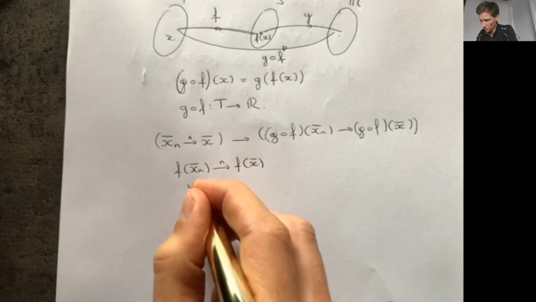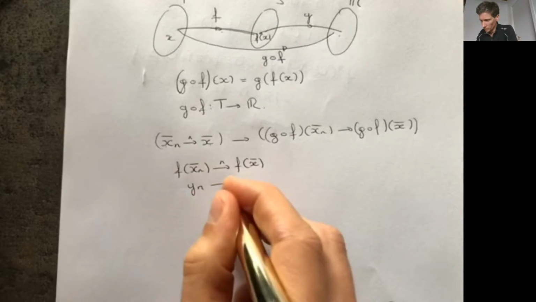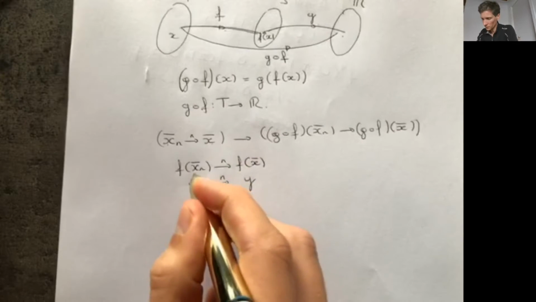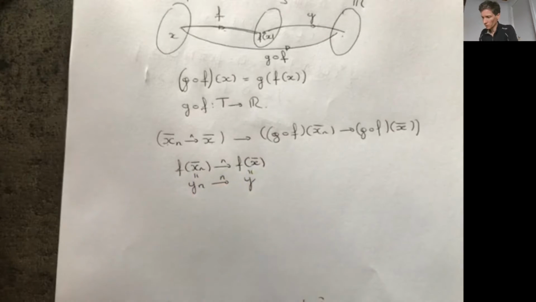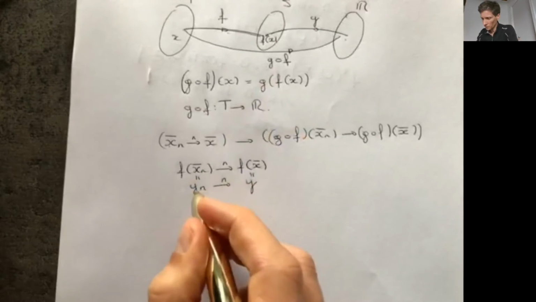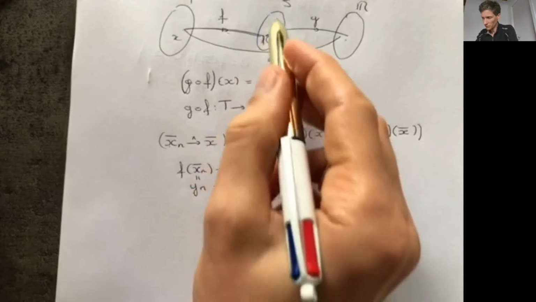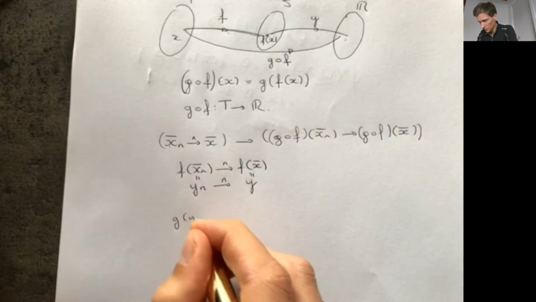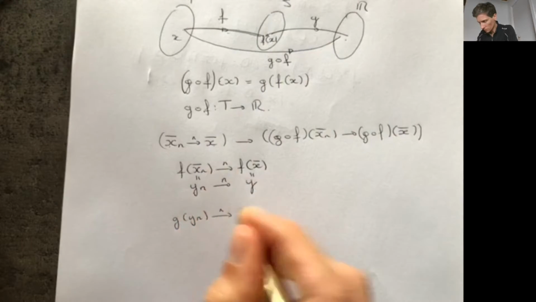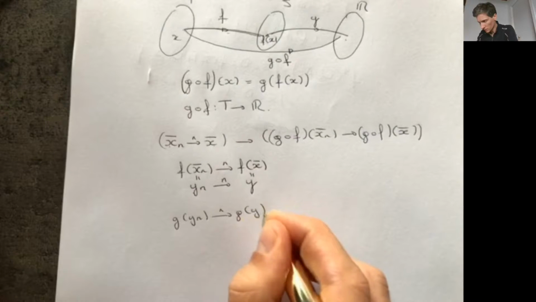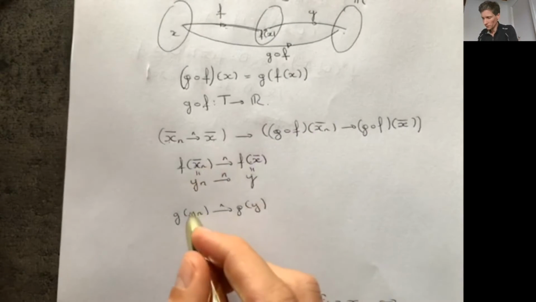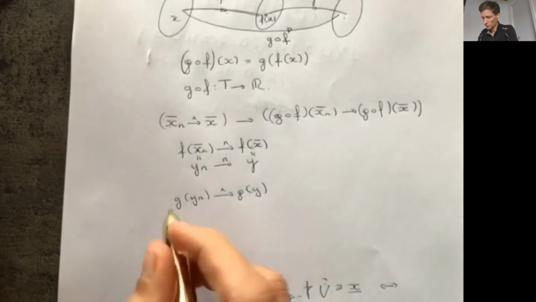So call f of x_n, y_n, and call f of x, y. Then this says that y_n converges to y, and this is a sequence in the set S. Okay, so because g is continuous, we know that g of y_n converges to g of y. So this is continuity of f, and this is continuity of g.